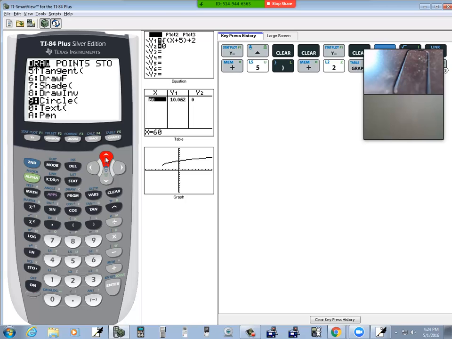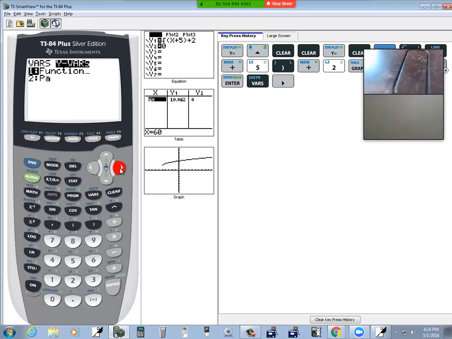I'm going to do an up arrow to get to it fairly fast. And if I do draw inverse, I have to tell what I want to draw the inverse of. So I go to my vars, and then I want to go to my y vars. Then I'll go to my function, and then I choose y1. Did you catch all that?